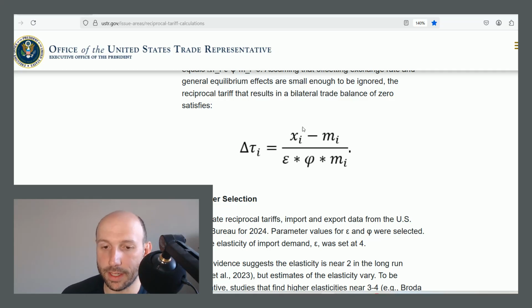The something involves X, which is the exports from the United States to a country. M is the imports from that country into the United States. Easy to remember: X for exports, M for imports. Okay, now the situations that concern the United States is where imports, M, is greater than exports.